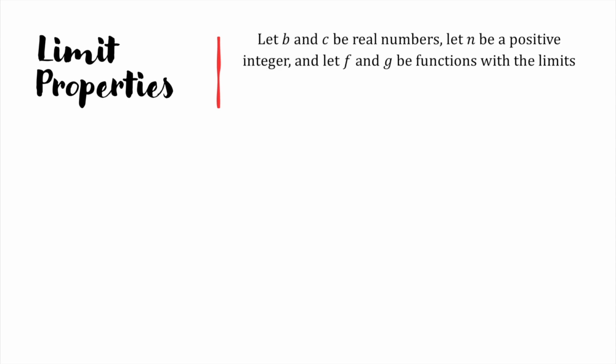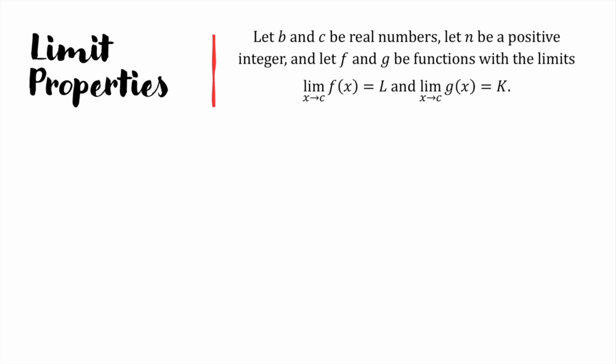Let's talk about the properties of limits. We're going to set this up here and say that b and c are real numbers, n is a positive integer, and f and g are functions with the following limits. The limit as x approaches c of f of x is L, okay?